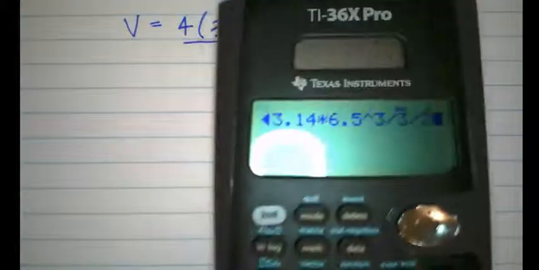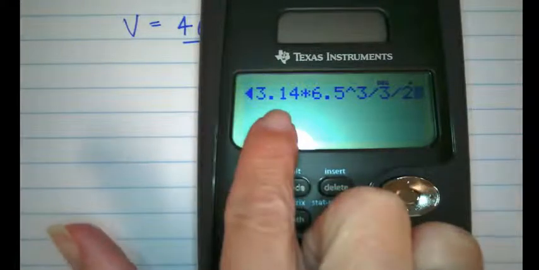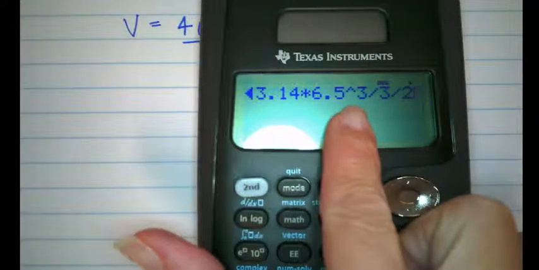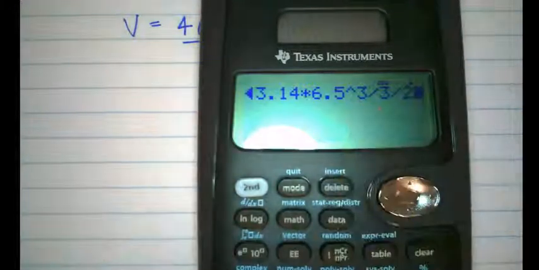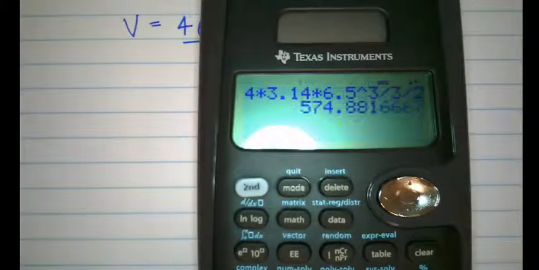So then when we hit enter, that will give us the volume of the sun that we can actually see.